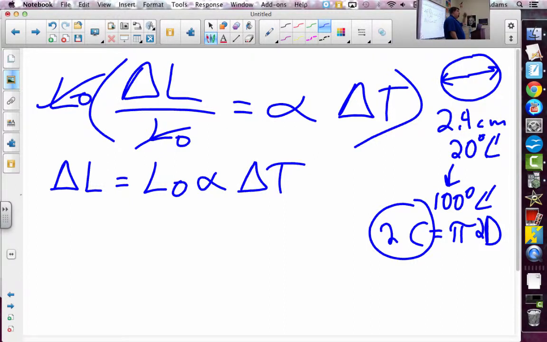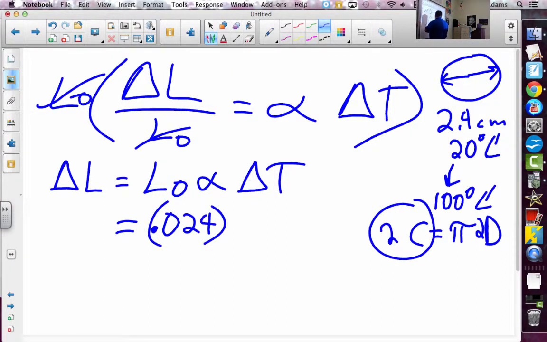or 373 down to 293. Well, it's the same. It's 80 degrees, right? So what I have here is 2.4 centimeters, which is really 0.024 meters in this case.